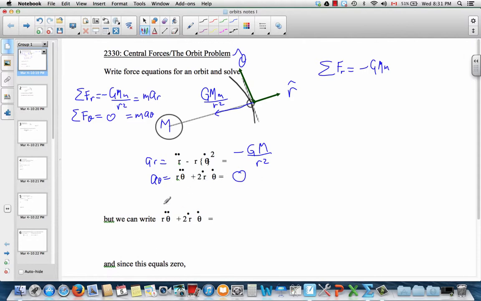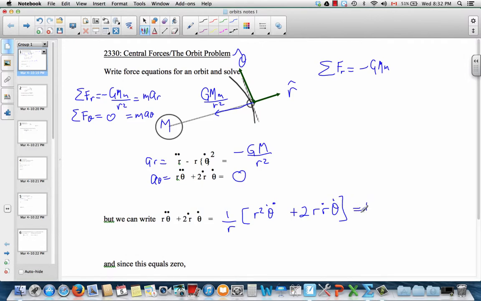We know it's 0, but we can write this in the following form. The 1 over r times r squared theta double dot, that obviously reduces to the first term, plus 2 r dot theta dot. Remember, r dot and theta dot are just time derivatives of r and theta.